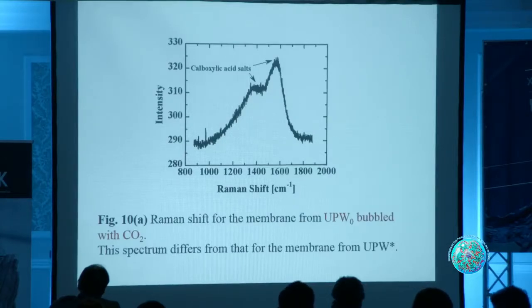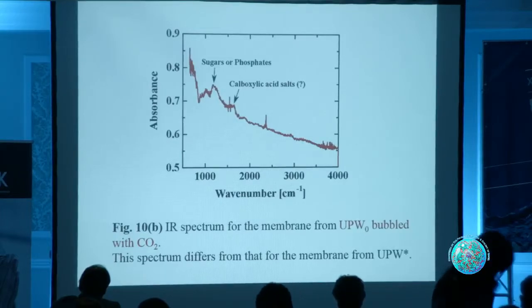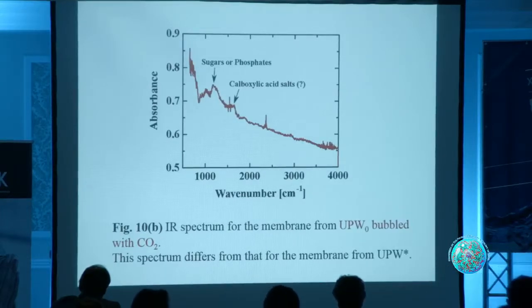This shows the Raman shift for the membrane from UPW0 bubbled with CO2. This spectrum differs from that for the membrane from UPW*. Two mild peaks may indicate carboxylic acid salt. This figure shows the IR spectrum for the membrane from UPW0 bubbled with CO2.